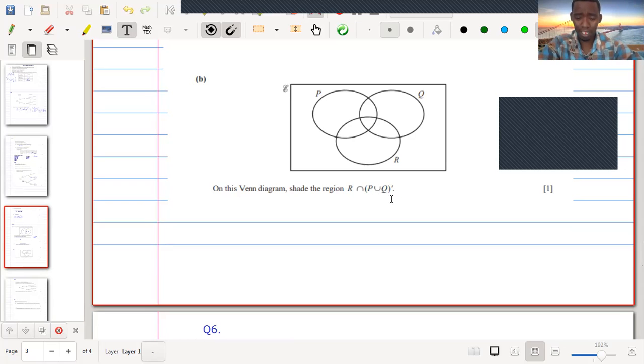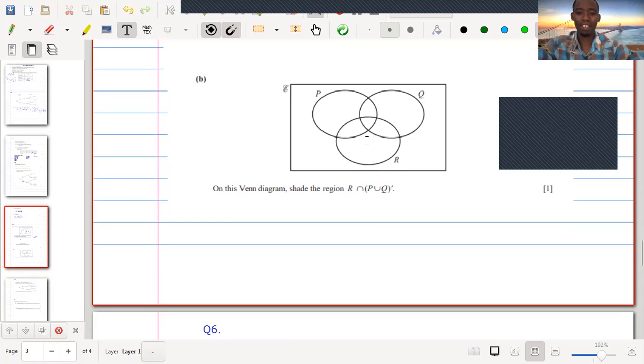So what we do here, I need to first highlight this one. That means outside of P union Q. Simply, in short words, we don't touch the union of P and Q. It's outside that. Let me shade the part and then we find its intersection with R.